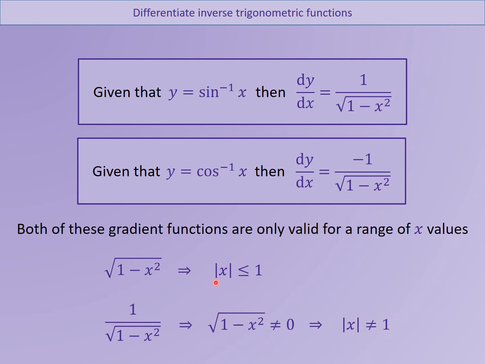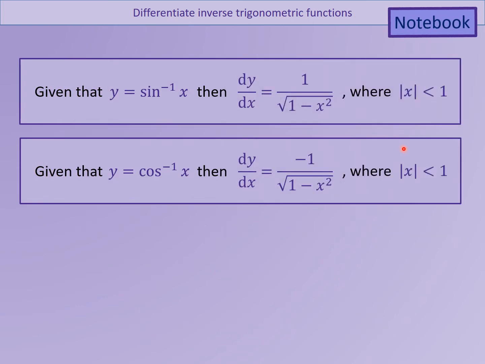Okay, so it's slightly even more limited than before. Last time it was between minus 1 and 1, great, because it's the inverse sine, or because this bit here is square rooted. But I've also got to be careful I'm not dividing by 0. So the domain of this function is between 1 and minus 1, not included.